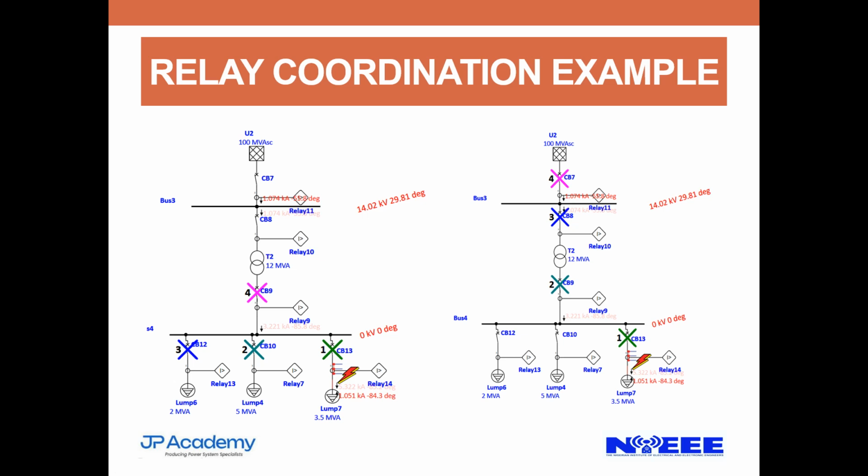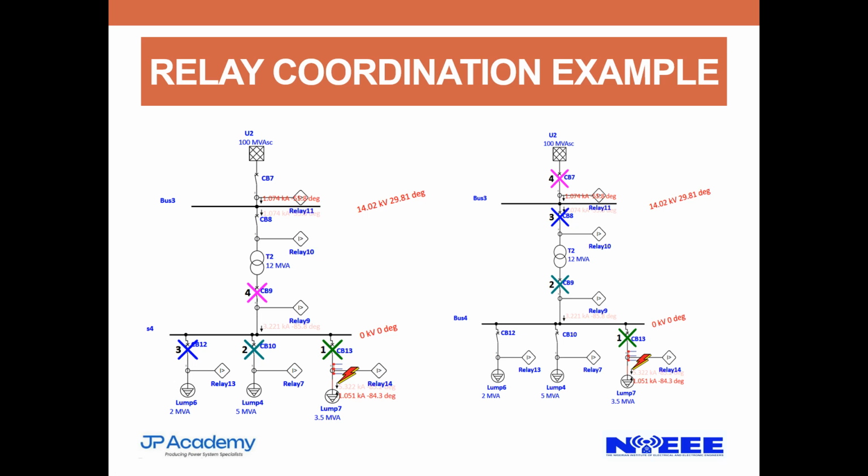I would say the right sequence is the first diagram. The first one is okay. Why do you think that's the right one? Because before the fault went further to affect the bus bar, there was relay coordination to protect the bus bar.